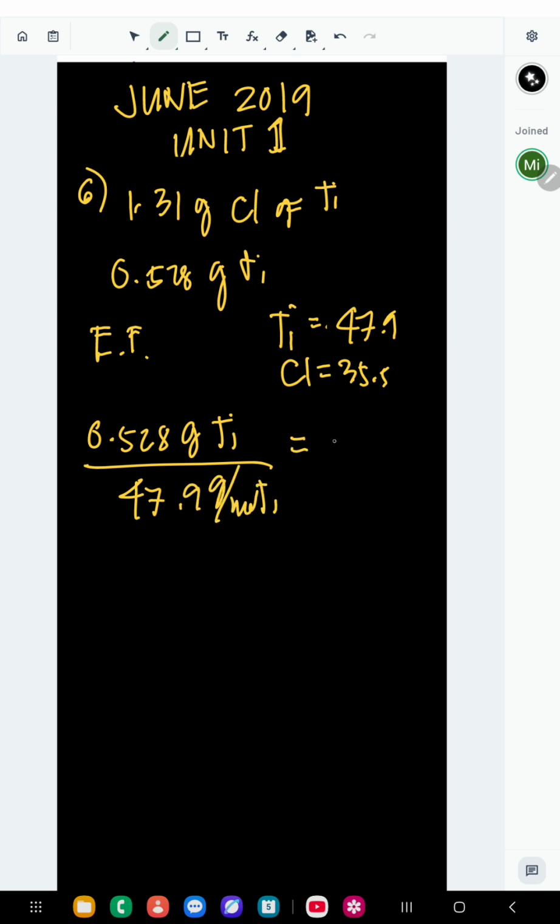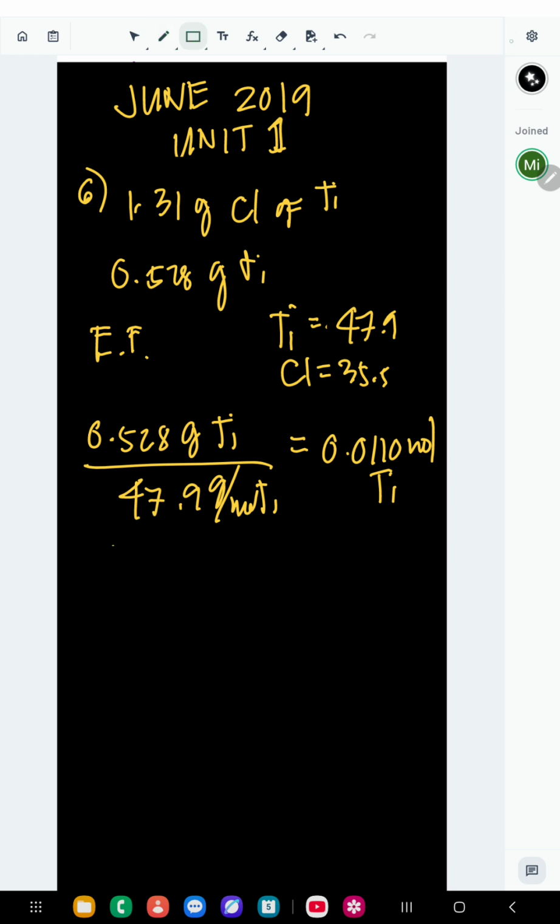Then this is just equal to 0.0110 mole of titanium. And then we also convert chlorine. We get the number of moles of chlorine.